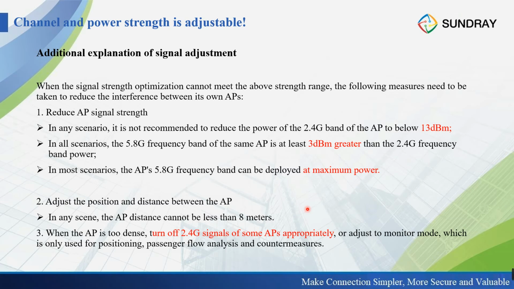And also in some scenarios, if we have lots of APs deployed in the environment, we can turn off the 2.4G RF on some APs, so the APs will not interfere with each other in the 2.4G.